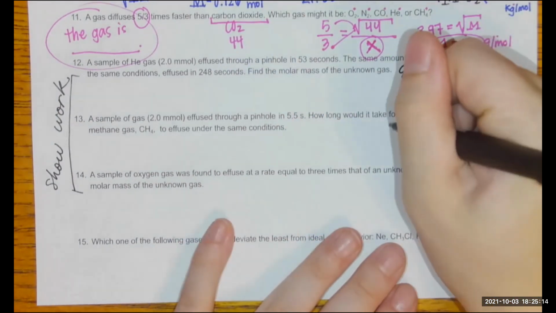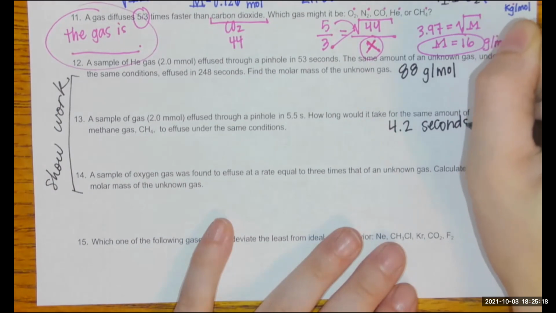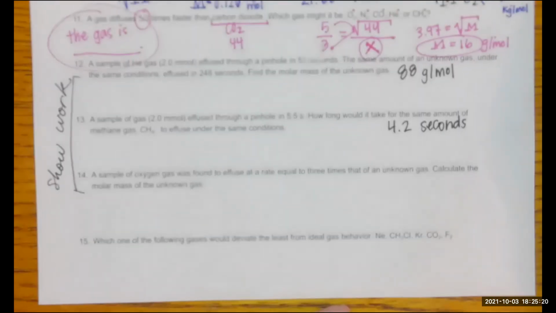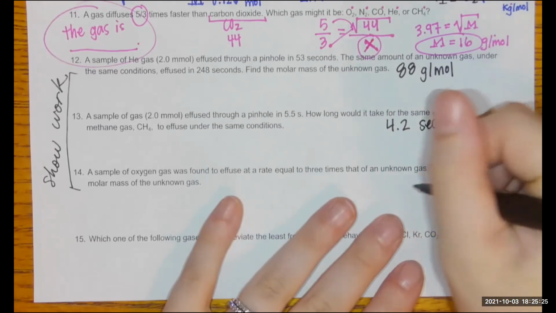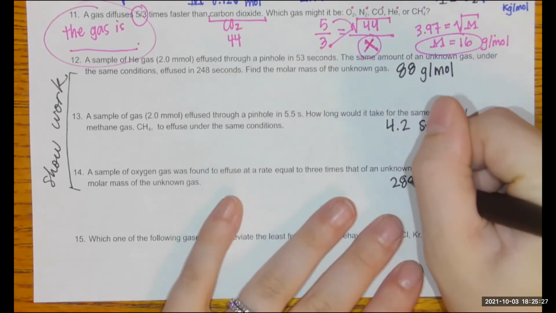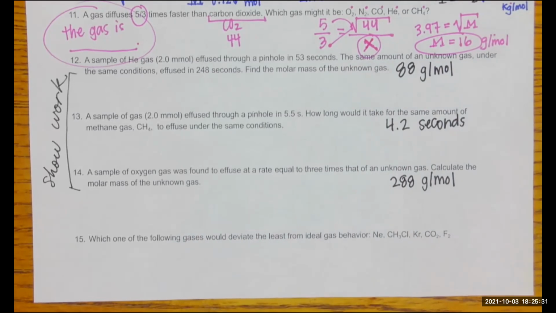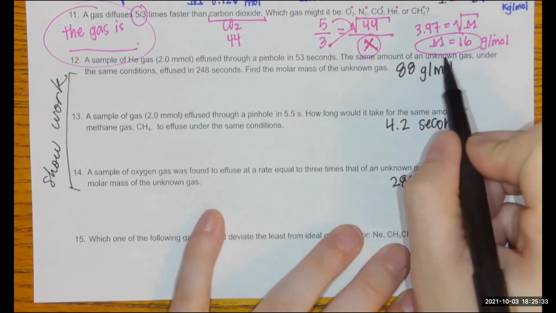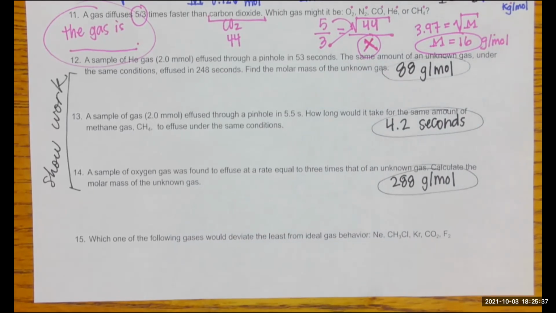Number 13, my answer is 4.2 seconds. That was 13. Number 14, I'm getting 288 grams per mole. So these are my final answers. Your job is to show me how I got there.